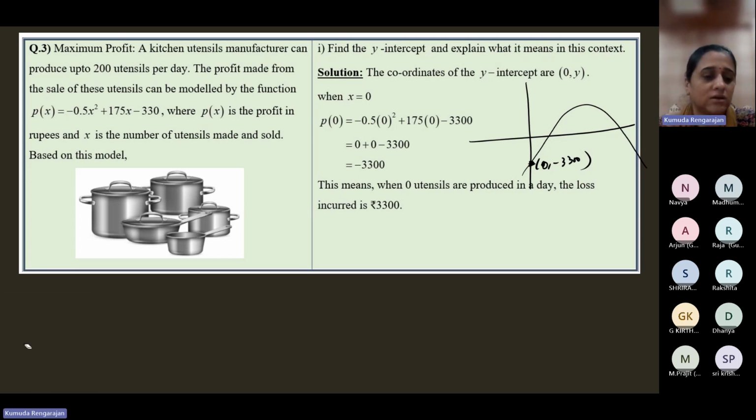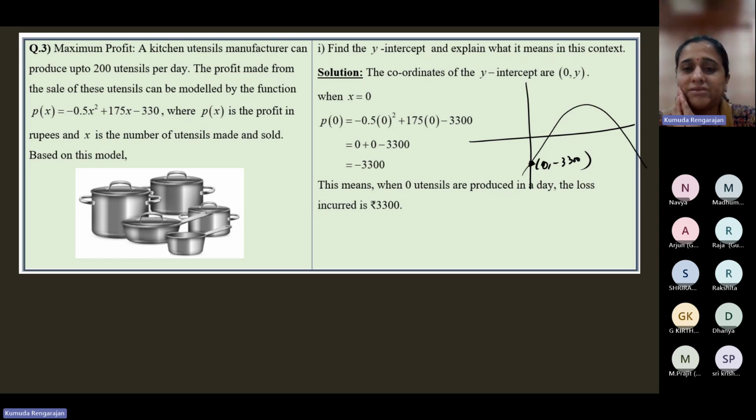That means when x is 0, when no utensils are made and sold, the loss incurred is the y-coordinate, minus 3,300. The loss is 3,300, since the value is negative. When x is 0, y is minus 3,300.